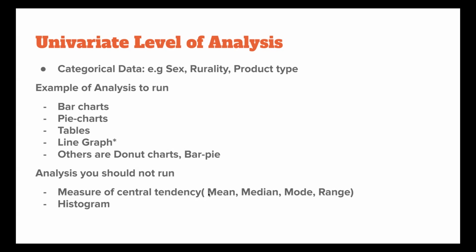So you say the mean sex is 1.5. That is not a meaningful result. Even though your software can give you that result, you can't run measures of central tendency or a histogram on categorical data.